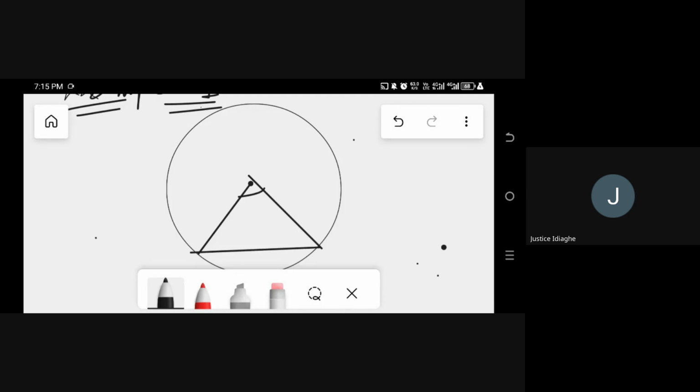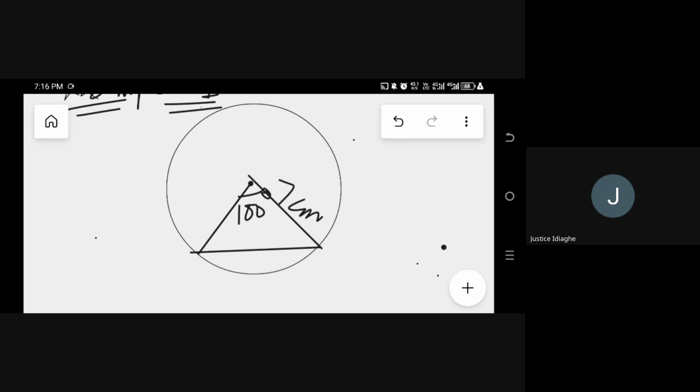I have here, let's say, 100 degrees. Let's say we have the angle subtended by the chord at the center of the circle at 100 degrees, and we have a radius of 7 centimeters.